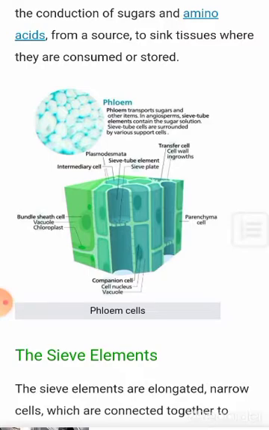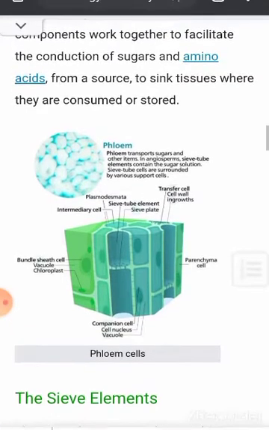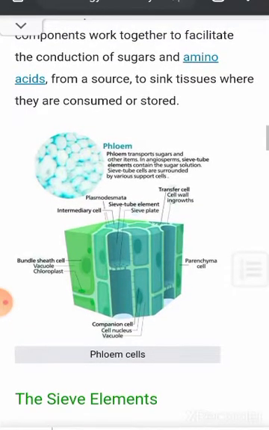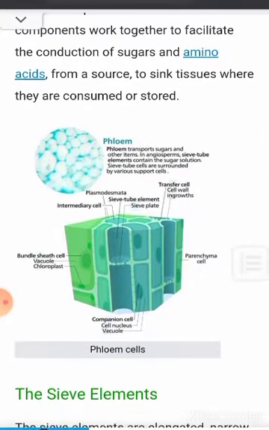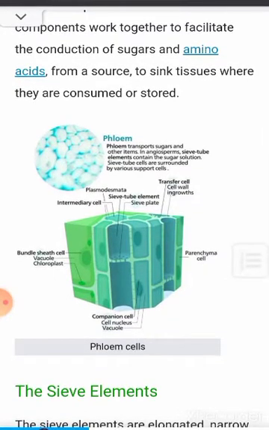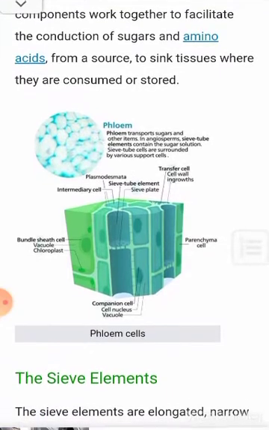You see the diagram. In this diagram, it shows phloem cells. Phloem transports sugars and other items in angiosperms. Sieve tube elements contain the sugar solution. Sieve tube cells are surrounded by various support cells.